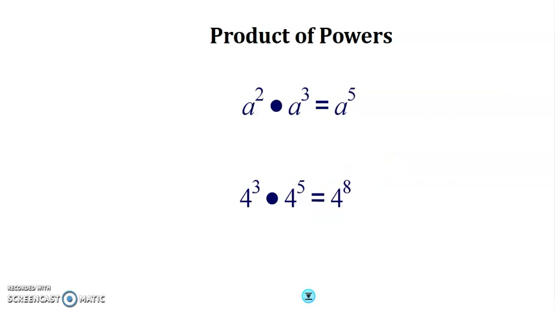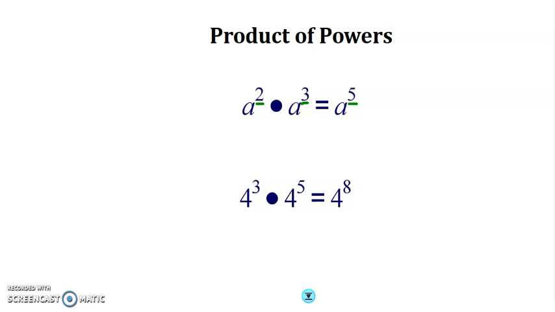Now if we look at both of those examples together, we can see that we have a squared times a to the 3rd equals a to the 5th. Let's take a look at these exponents here. The a stays consistent, but the 2 and the 3 become a 5. So what do you do with 2 and 3 to result in a 5?